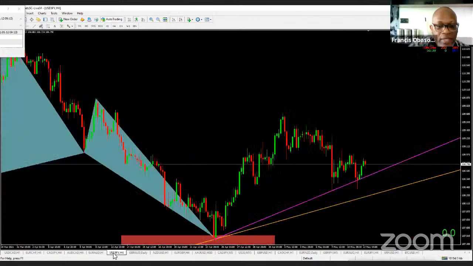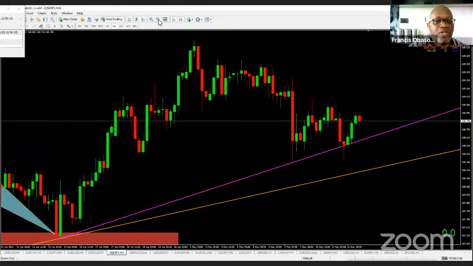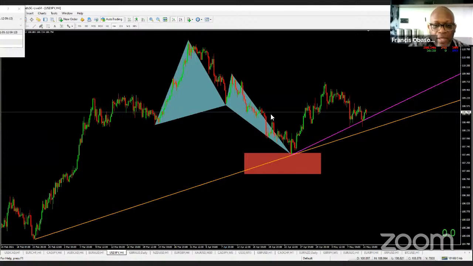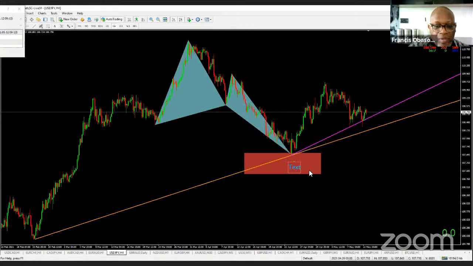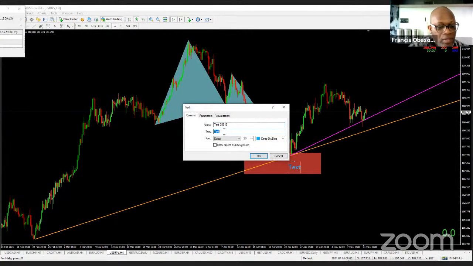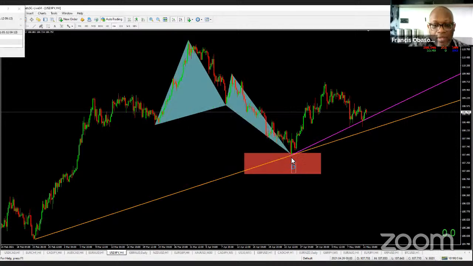Let's look at another one. There is the USD JPY, which is still playing out pretty much. Okay, this is D. So this is the price reversal zone.